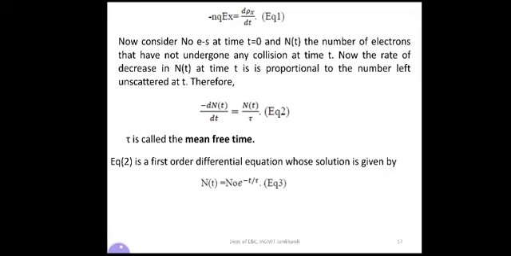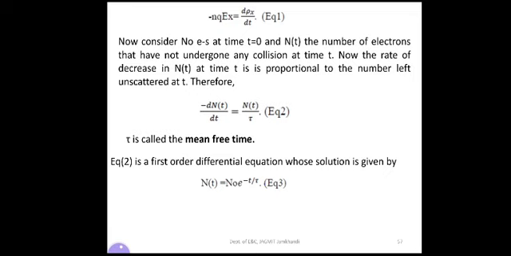Here tau is called the mean free time. It represents the mean time between scattering events. It is a constant of proportionality, the average time before a randomly picked electron makes its next collision.